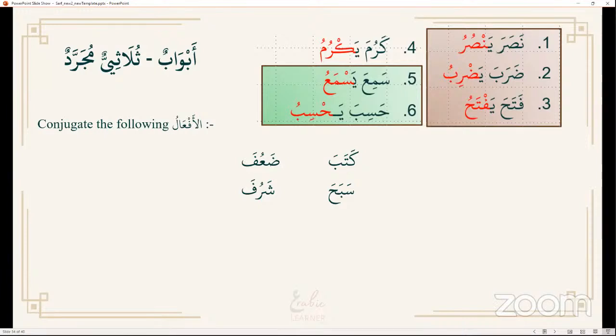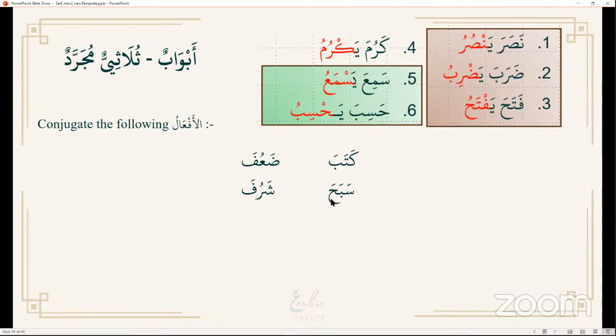If you go again to Aratus, I don't want you to, it will waste our time, but you can check. So this will be Yasbahu. So it belongs to which bab? Bab Fataha. Why is it Fataha?